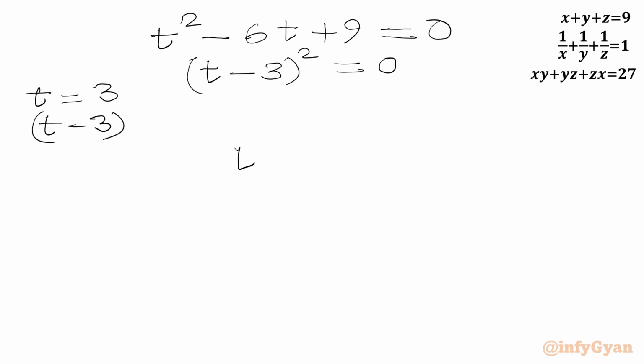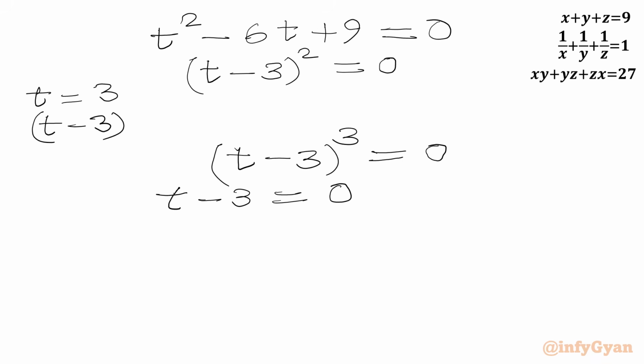So overall we can write it is t minus 3 whole cube in the LHS, and RHS is 0. So from this equation I can write t minus 3 should be equal to 0, or t equal to 3 with multiplicity 3.